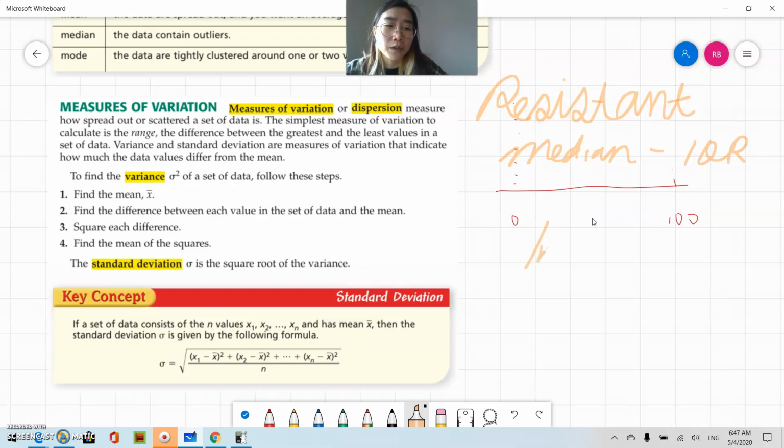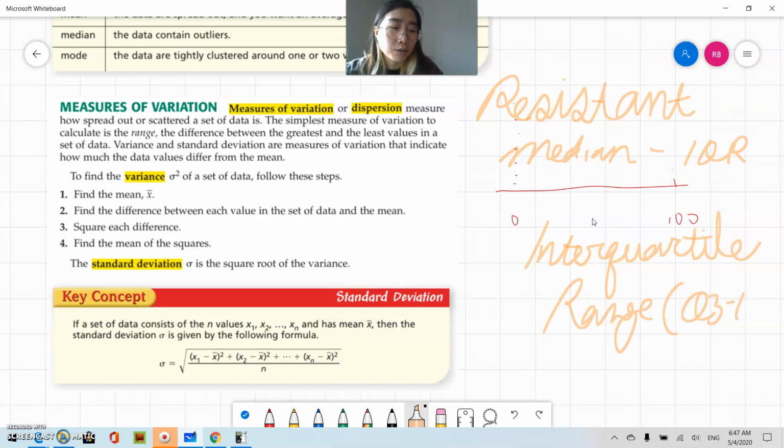IQR stands for interquartile range. It's found by quartile 3 minus quartile 1, but we're going to look into that a little bit more today.